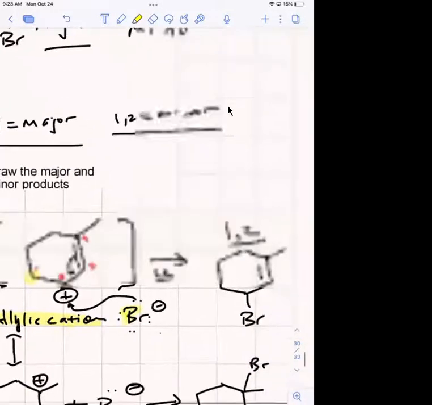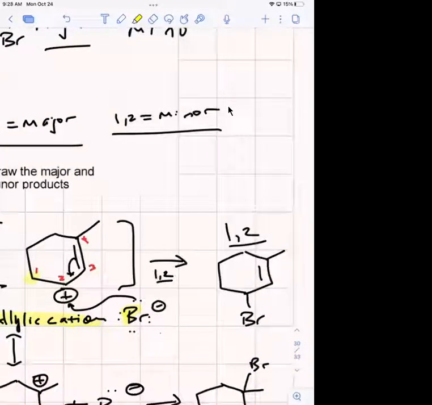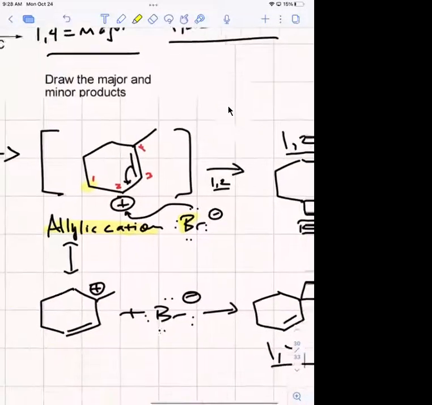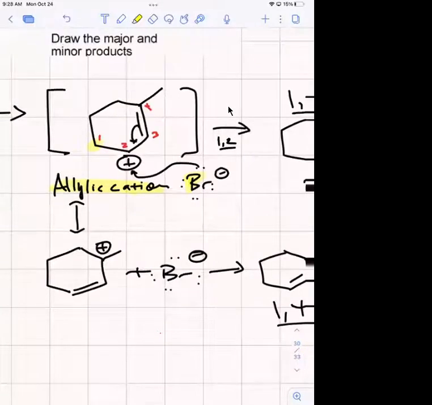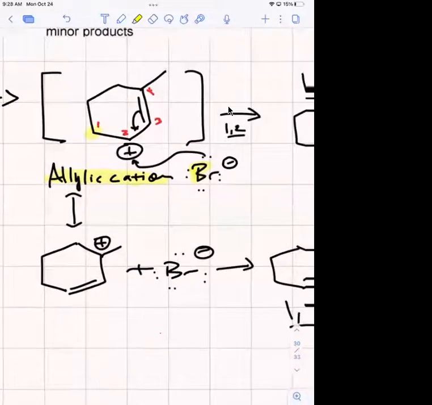So that gives you this 1,2 product right here. If you increase the temperature, then you open up the other pathway where you can get to this intermediate, which is the resonance form of the allylic cation, and then bromine can attack here. Like that.